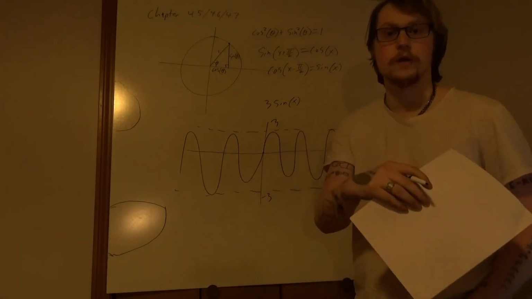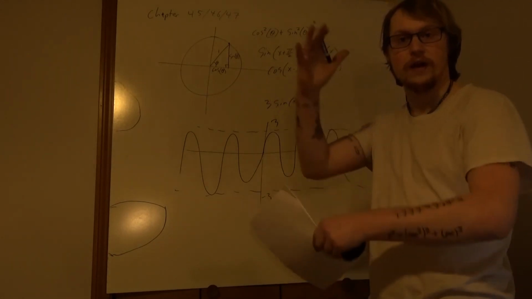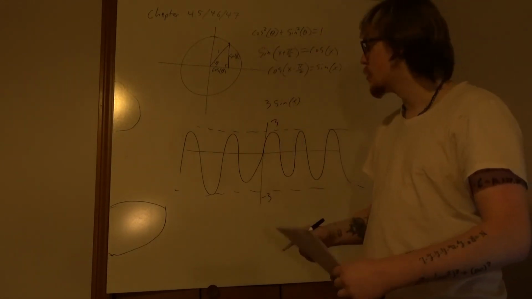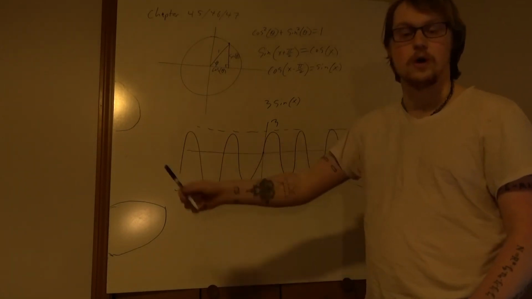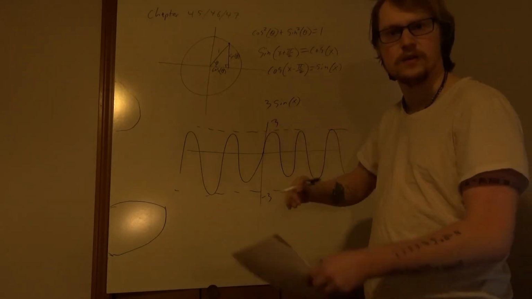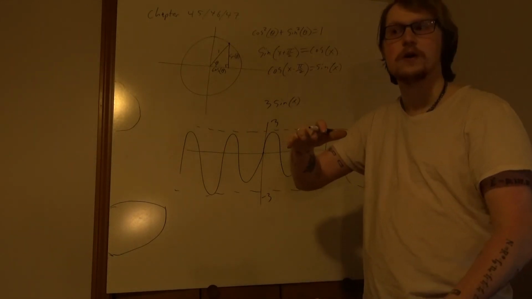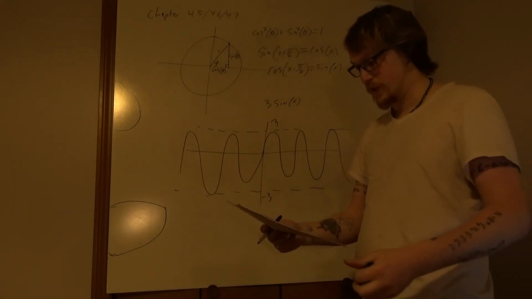Thinking all the way back to probably chapter 1, when we change our viewing window, everything gets smushed around. So even though we still have a period of 2 pi, and the zeros are all in exactly the same places, because we've changed the height, the bounds of this function, when we zoom out, it's going to change the way it looks.